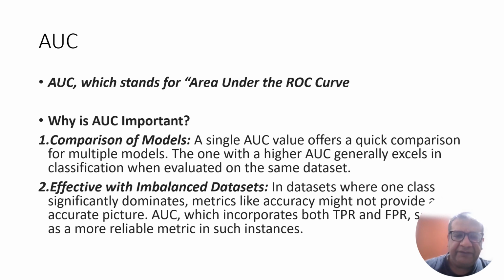And it is effective with imbalanced datasets also. That is, in case you have one dominating class in the data, it still works. It is still a more reliable metric than the other metrics to detect the model performance.